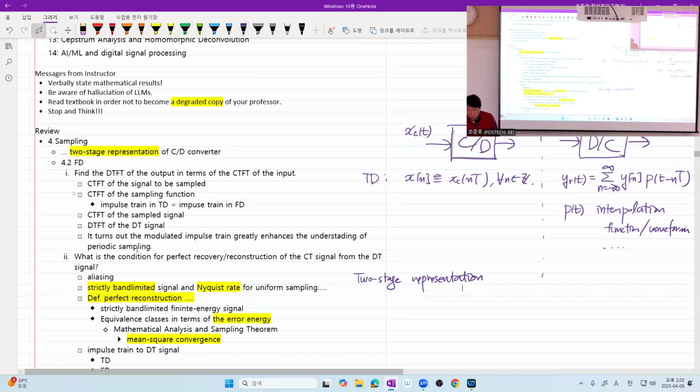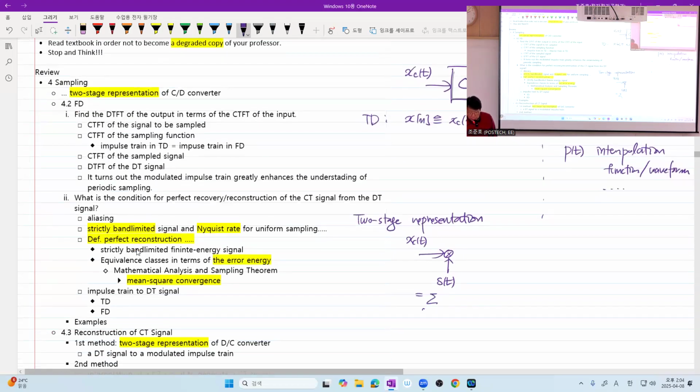So here goes the continuous time signal in, and you multiply the so-called sampling signal or sampling function, which is basically equally spaced delta functions with spacing T. And here goes your continuous time signal.